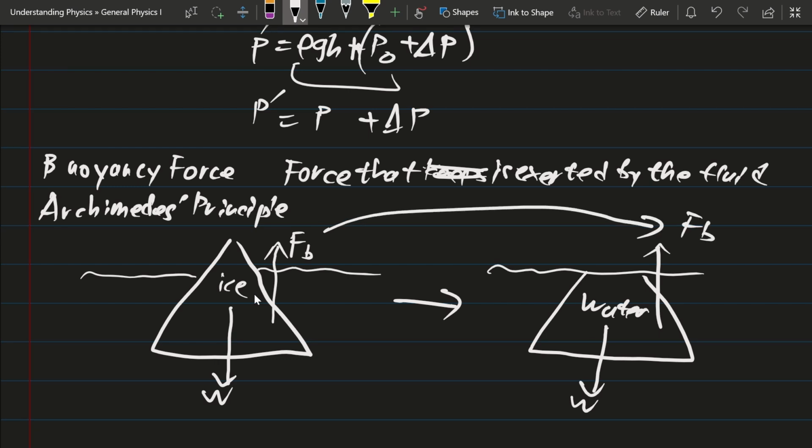But here's the idea. The weight should also be the same because of this idea. So with this crazy simple, not assumption, but definition, the buoyancy force is the same because you have the same shape. And so the entire sum should be the same in the buoyancy force. Therefore, your weight should also be the same.